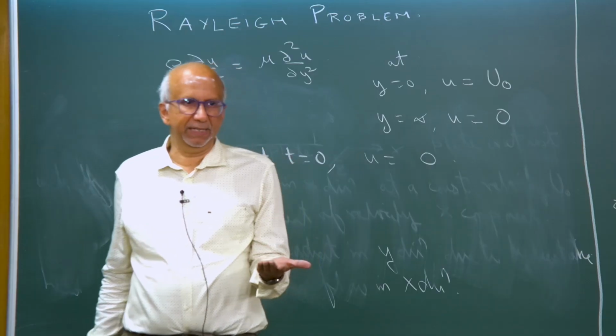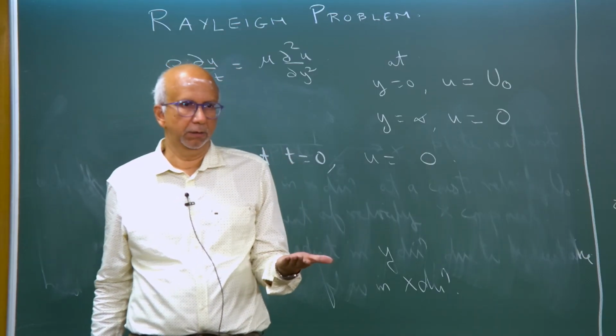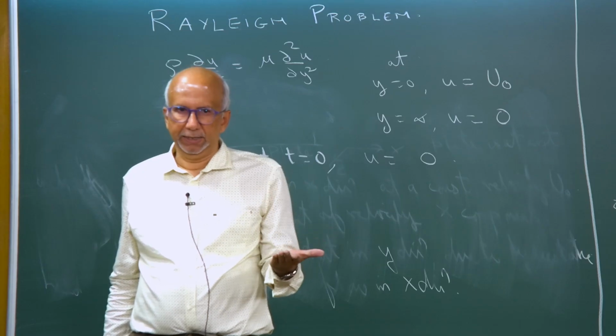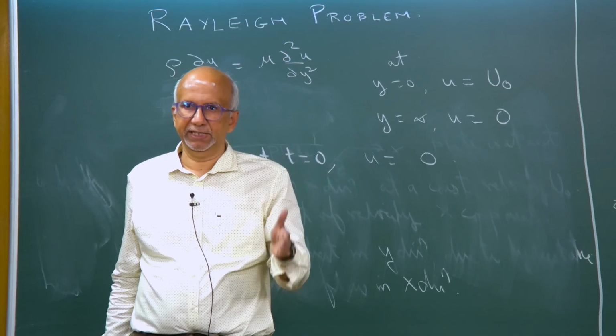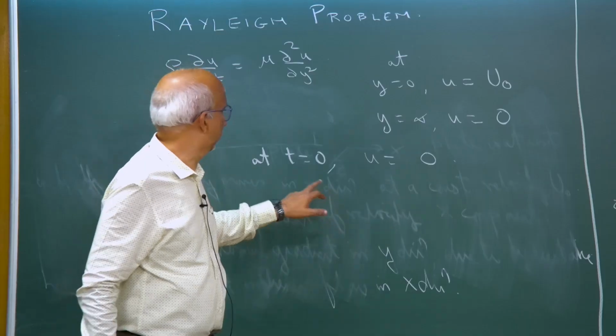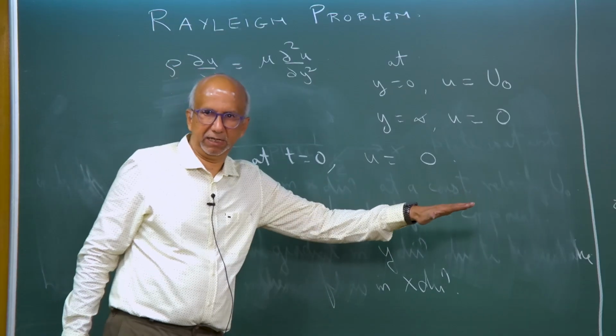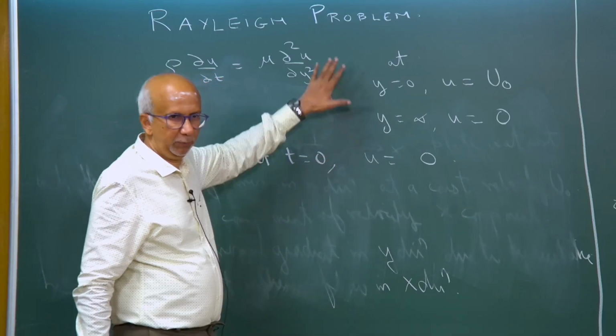The plate is at rest initially. Okay. The plate is at rest initially, it does not move, and therefore, everywhere the liquid is stationary. So, at t equal to 0, because nothing is moving, and suddenly I start moving this plate. So, the entire liquid is going to be at rest.